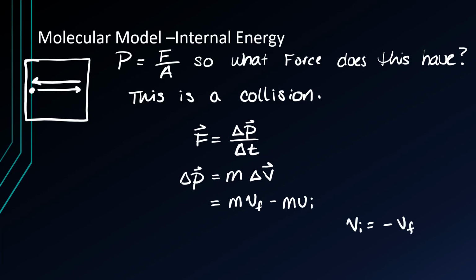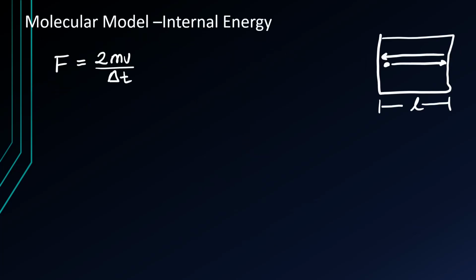Additionally, my initial velocity and my final velocity are going to be equal and opposite. Why? Because my kinetic energy is conserved in this scenario. So this means that my change in momentum is just going to be 2 times the mass times the velocity of this object. So force is equal to 2 times mass times velocity divided by a change in time.